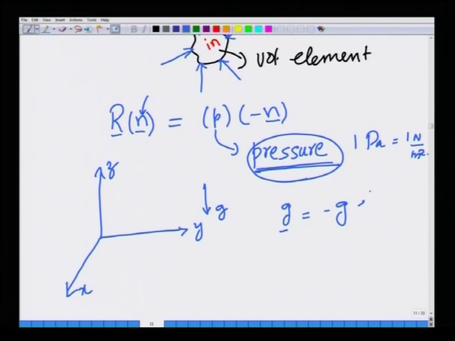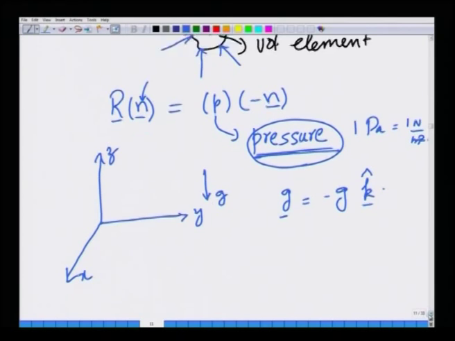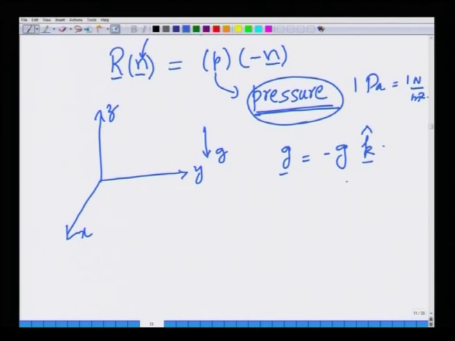So, if you want to write the gravity vector, it is minus g times k. The g is the acceleration due to gravity, 9.8 meters per second squared on the surface of the earth, and k is the direction of the positive z axis, minus k is the direction of negative z axis. So, the g vector is minus g times k.